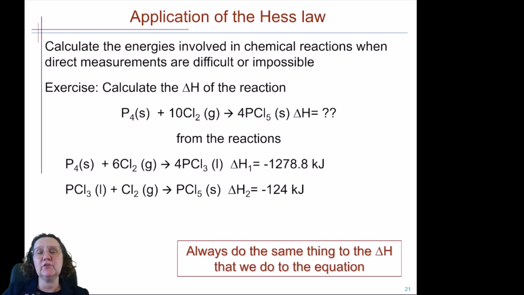And sometimes there are reactions that you might not be able to take direct measurements of using a calorimeter, for example, because the chemicals are dangerous, toxic, or very expensive, or because the changes in enthalpy are very small. So the change in temperature is very small, the amount of heat being released or absorbed is very small, and then you make a lot of error when you're measuring it.